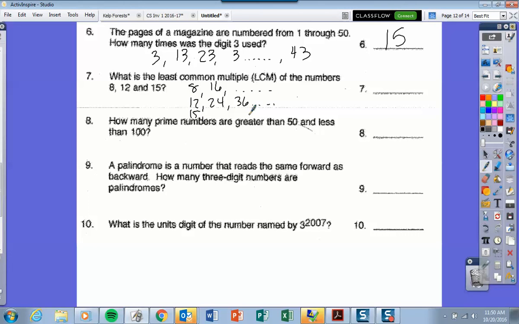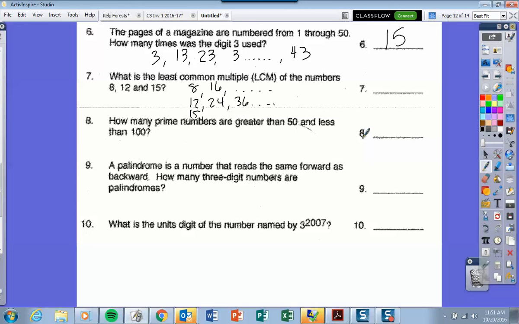We can start with some easier things, knowing that the multiples of 15 are going to end on a 0 or a 5. There's no way that 8 or 12 are going to make a 5 ending, so when I'm talking about my 15s, I have to think in terms of zeros. So 30, 60, 90, 120, 150, and so forth.